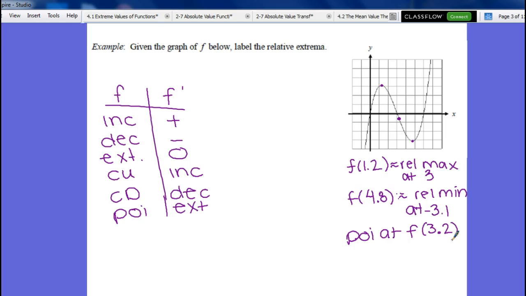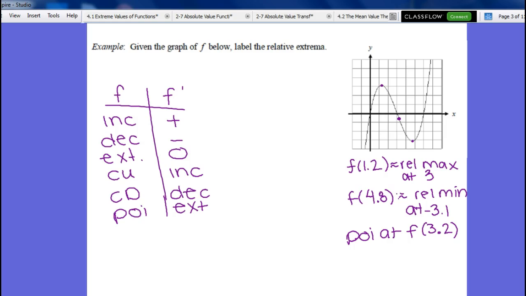So that helps me when graphing my next graph, because that tells me I need to have either a max or a min at 3.2. In this case, if it goes from concave down to concave up, we're going from decreasing to increasing. So if it's decreasing then increasing, that makes 3.2 on its derivative a min.